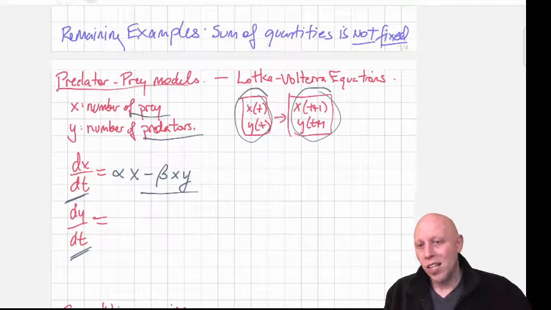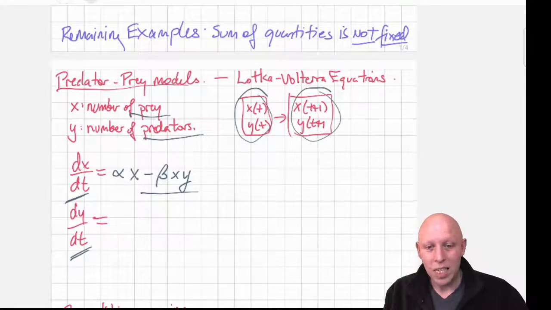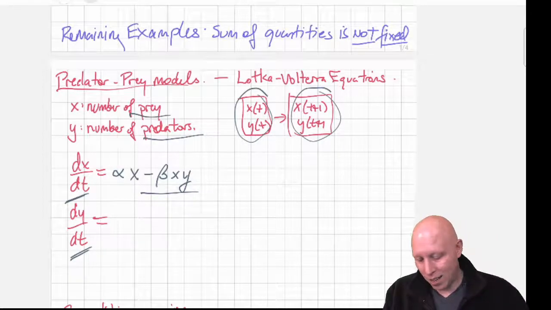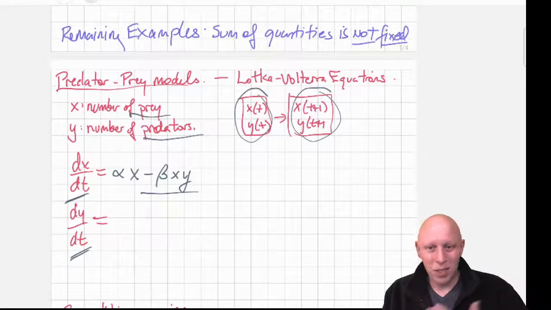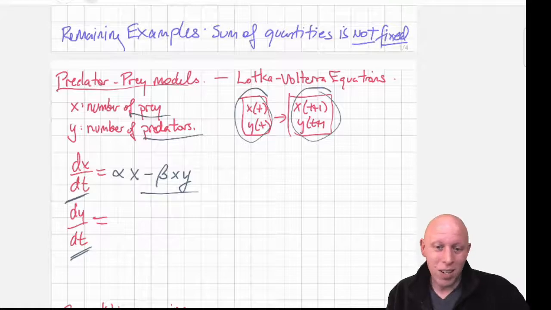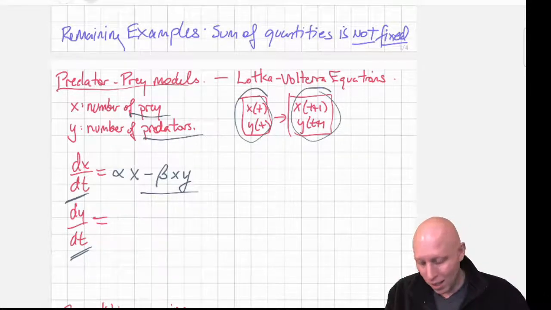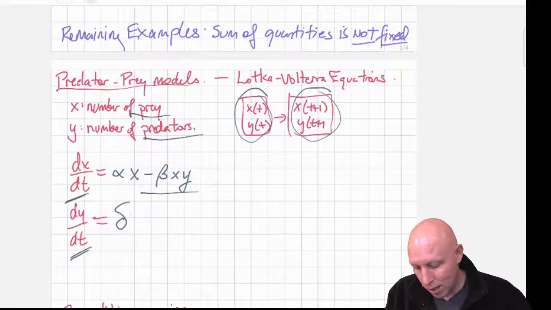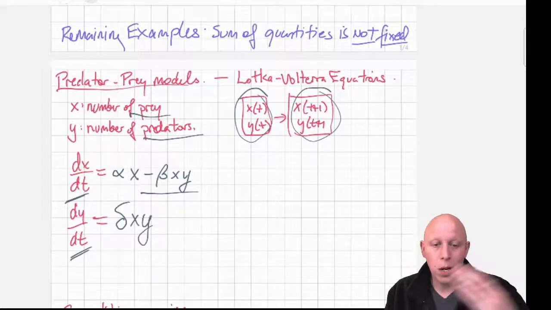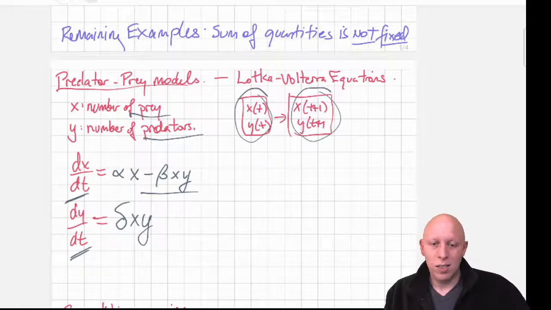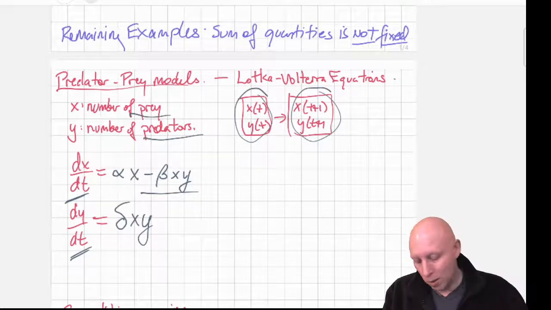On the other hand, let's say you are a predator and there's lots of bunnies to eat. Depending on how many bunnies there are and how many of you there are, that's going to positively increase the number of your population, because your population is going to grow when there's enough bunnies around, and it's also going to depend on how many of you there are around.